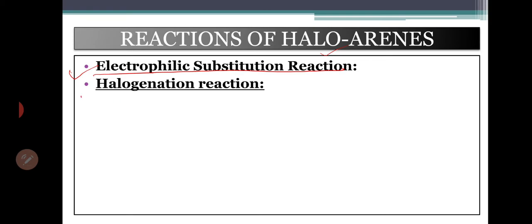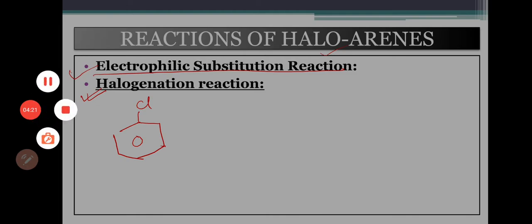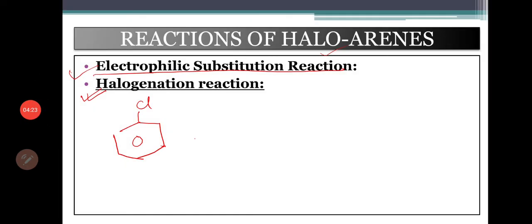Suppose halogenation. If this is your chlorobenzene and we are doing halogenation, we'll use chlorine and FeCl3 in the dark. Then this halogen electrophile, Cl plus, will add to your benzene ring.